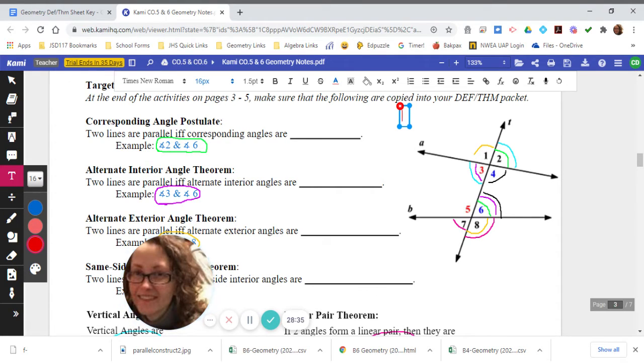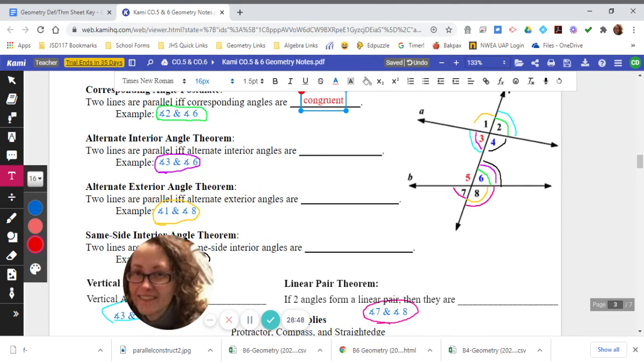So let's go ahead and fill in my answers here. For the corresponding angle postulate, 2 lines are parallel if and only if corresponding angles are congruent. Alternate interior angle theorem. 2 lines are parallel if and only if alternate interior angles are congruent.